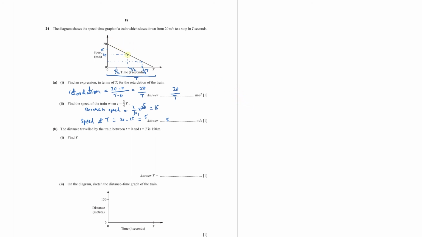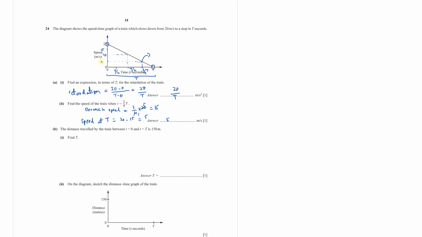Since this is a straight line, if you calculate the gradient at any point, it would be the same. You've found the gradient in this part here, right? Using these 2 points, this point here, which is 0 and 20, and this point here, which is T and 0, you got the gradient 20 by T. If I use another pair of points, this point here and then this point here, which is some value we have to find at 3T by 4, let me write it as some other value, because s kind of looks like 5.